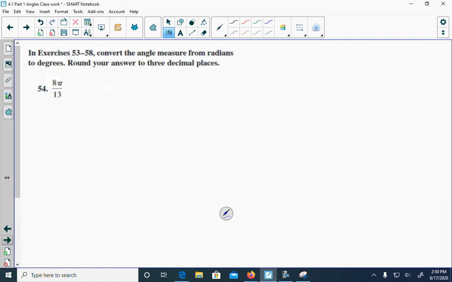Okay, number 54, convert the angle measure from radians to degrees. So remember, to change radians to degrees, you're going to take your 8 pi over 13 and multiply it by either 180 over pi or pi over 180, because on my unit circle, this is 180 degrees, or I can call this pi.